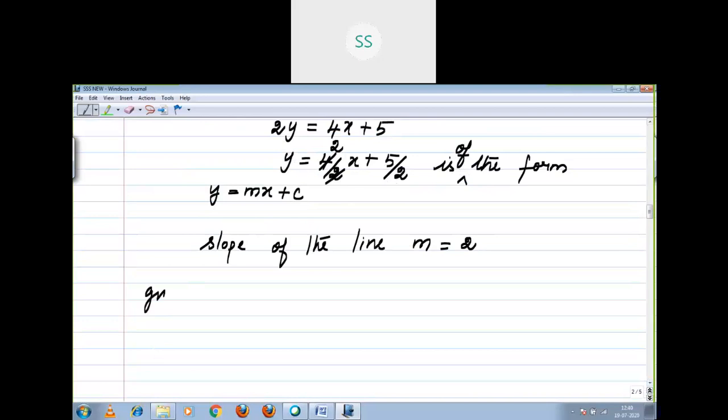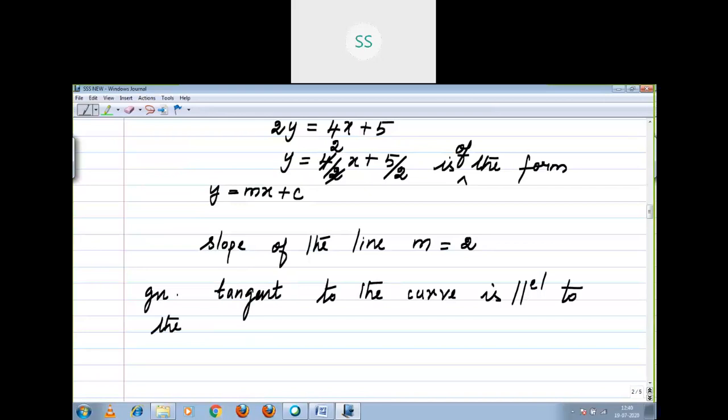Here it is given as what? The tangent and the line are parallel, right? What is given to you? The tangent to the curve is parallel to the line, which implies slopes are equal.